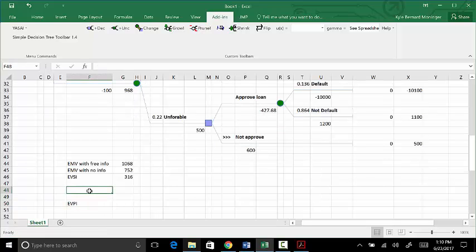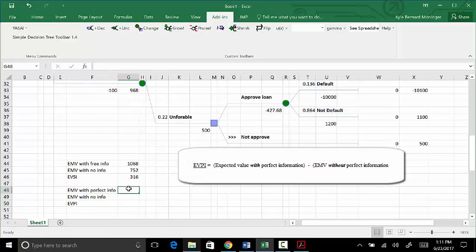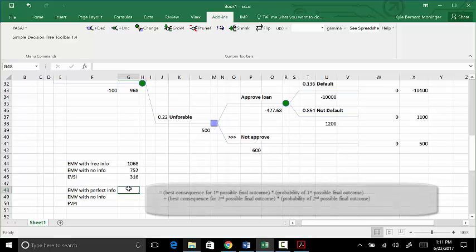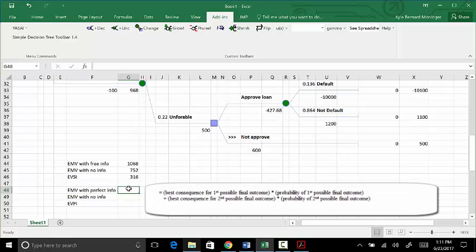The EVPI, I'll find from the EMV with perfect info. This is a theoretical EMV where we're assuming that we know something with perfect information, that there's no uncertainty around our forecast. To calculate this, I say if I know for certain that the customer will default, the best option is to invest the money in bonds.